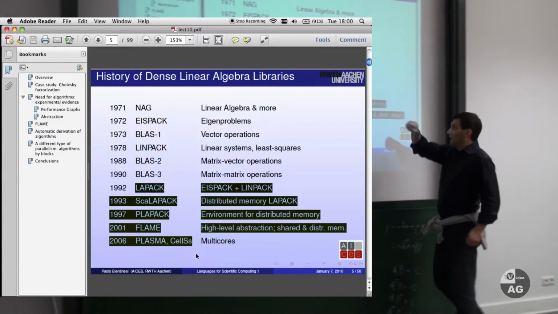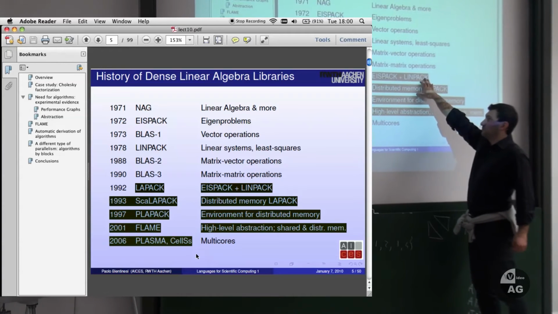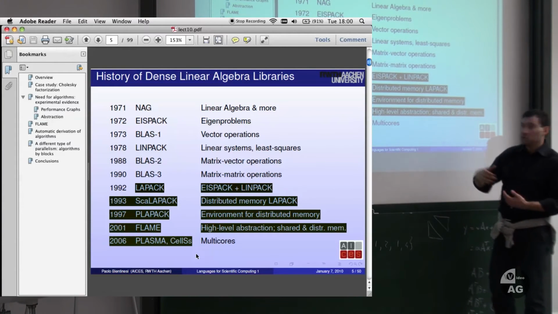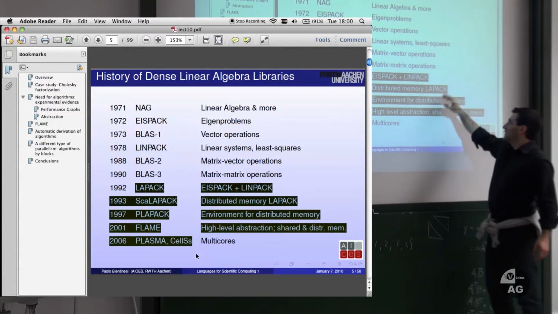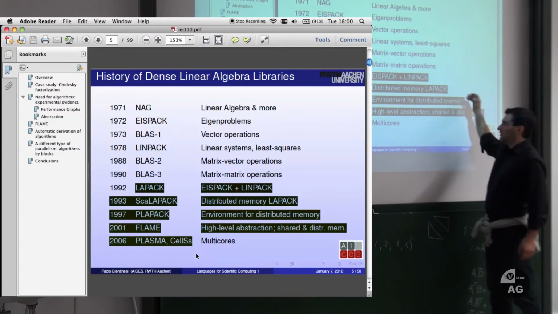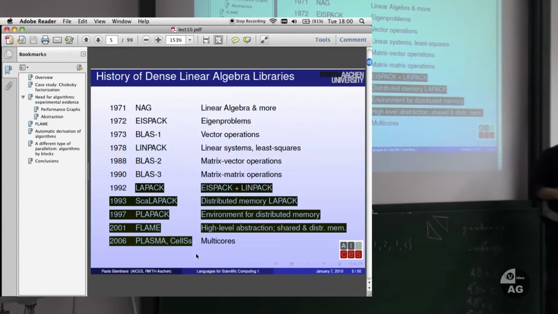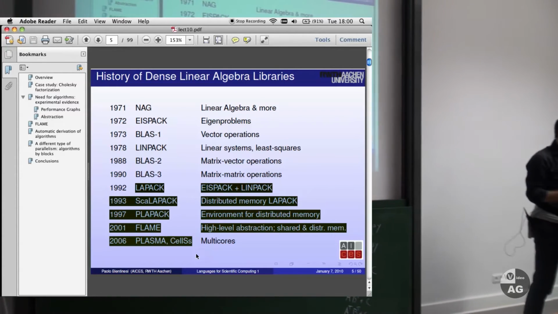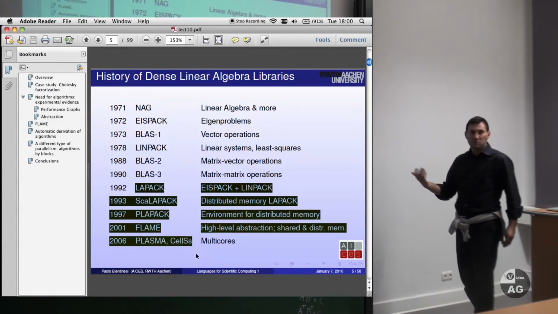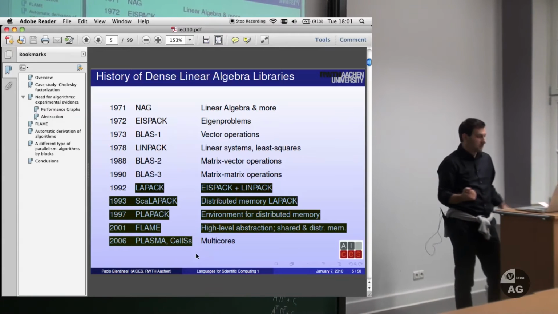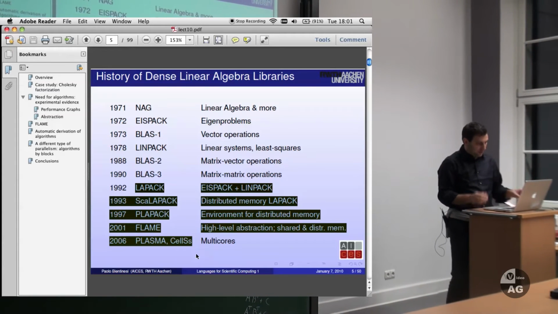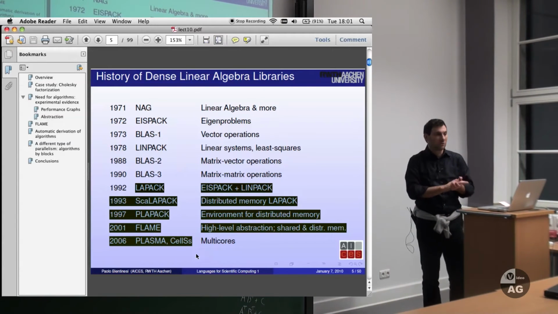LAPACK really took LINPACK and rewrote it, so that the routines could take advantage of BLAS3. ScaLAPACK, of course, uses BLAS3. PLAPACK, FLAME, everything here is built on top of BLAS3, as well as BLAS2 and 1, because not every operation can be expressed in terms of BLAS3. But whenever possible, you guys want to go for BLAS3.